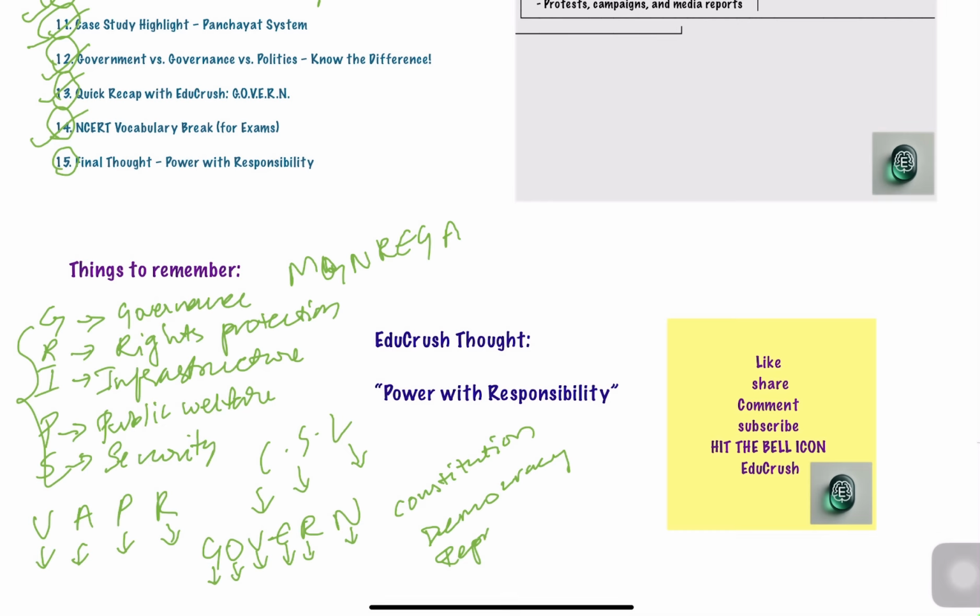Next word, representative, which means one who is elected to act on your behalf. Next word, welfare, the well-being of people. Let's end with the final thought: power with responsibility.